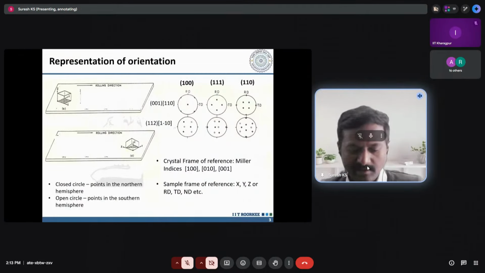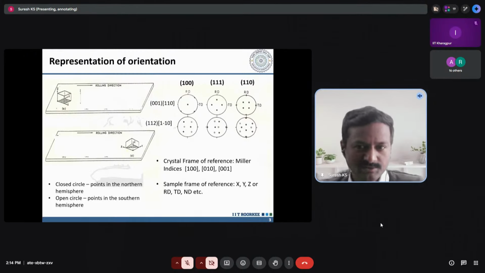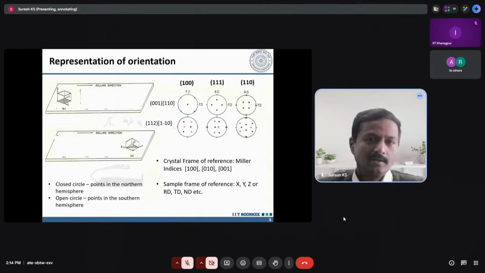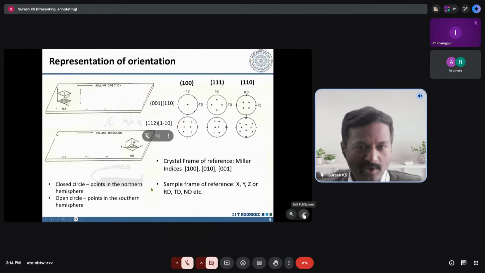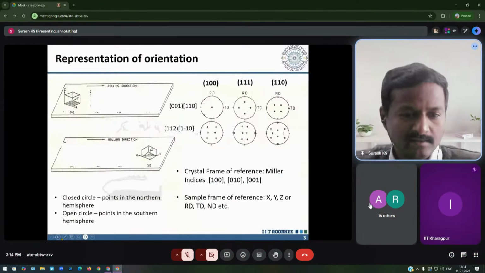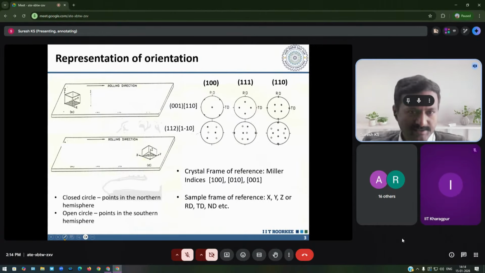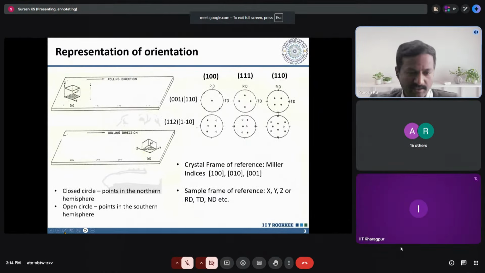So already Professor David Field as well as Professor Suhas have mentioned these things, so let it be a quick recap. So many a times while dealing with crystallographic texture, we think about the textures in rolled sheets. So that's why, like I have shown here, the arrangement of a unit cell on a rolled sheet.